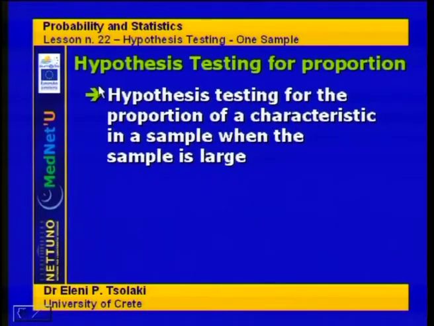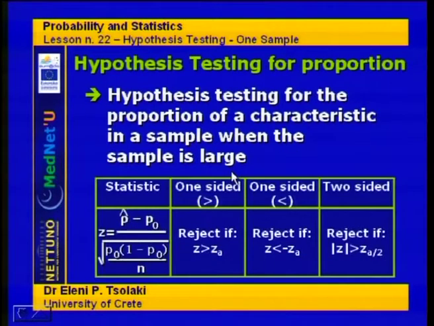Now we are going to see hypothesis testing for proportion. When we want to do hypothesis testing for a characteristic in a sample, when the sample is large, our statistic can be calculated from the formula given here.